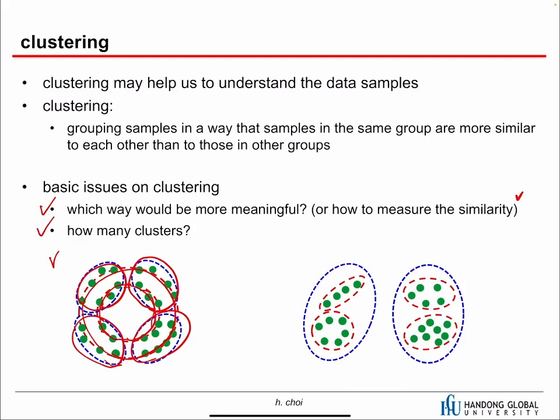Or even with the same similarity, there is one question: how many clusters are more meaningful? Some people prefer just two clusters like this, and some people might prefer four clusters like this, right? There's no correct answer here because this is unsupervised learning. It's up to you. Depending on your definition of similarity, we can reorganize these clusters, and depending on your level of specification, we can define the number of clusters.